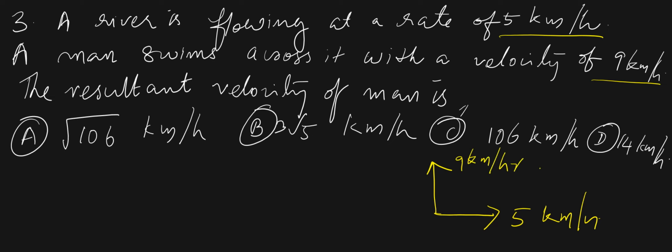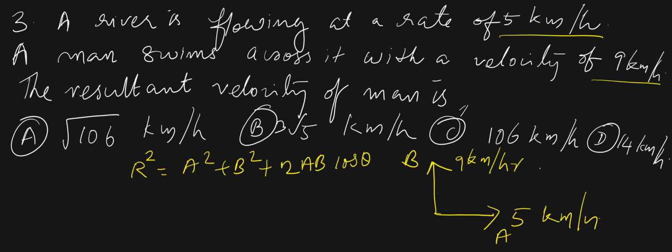We know that the resultant velocity, if these two vectors are A and B, we can write R square is equal to A square plus B square plus 2AB cos theta. When they are perpendicular, cos theta is cos 90 and cos 90 is 0. So these terms vanish.